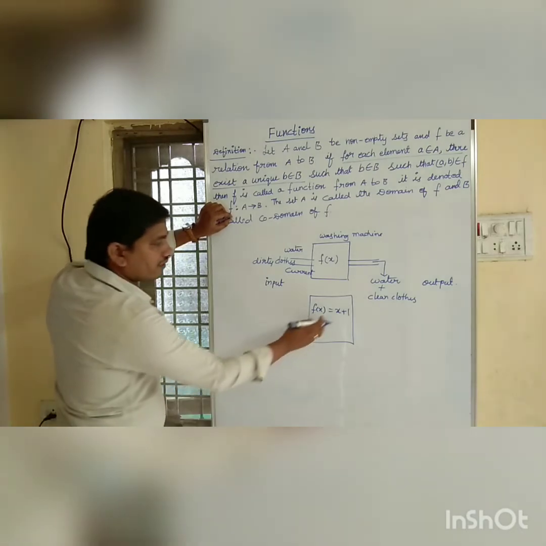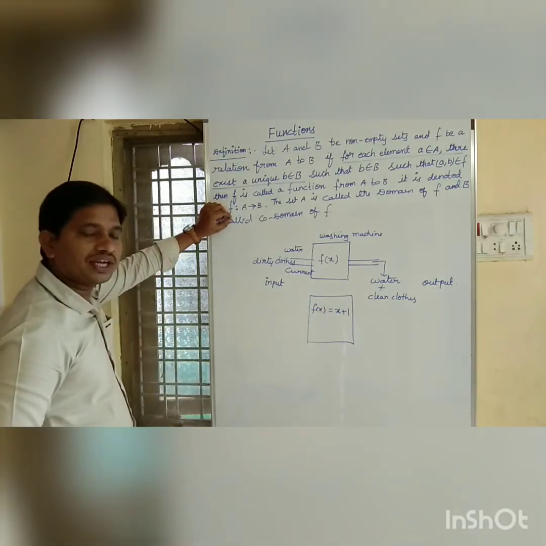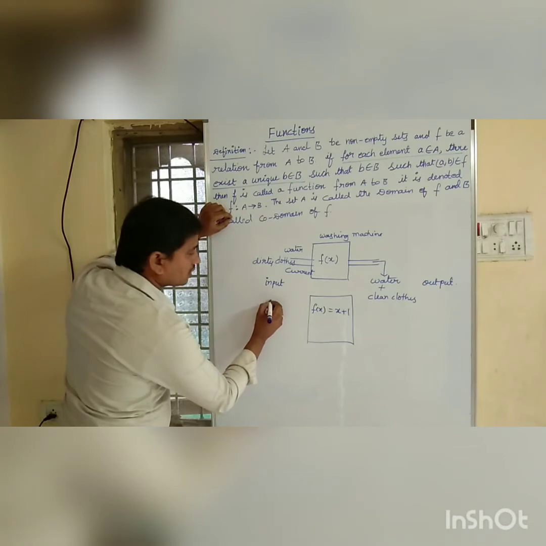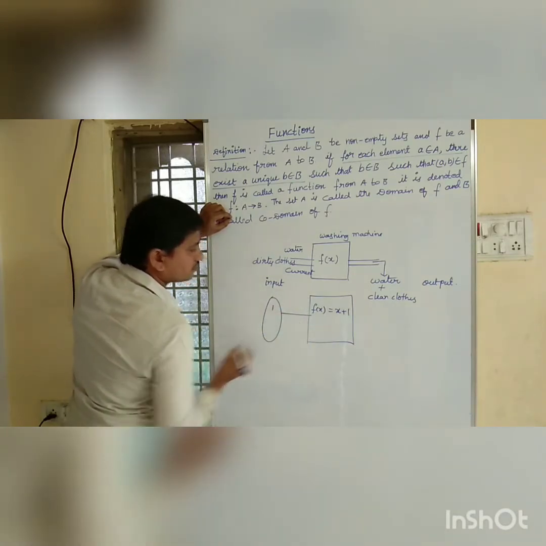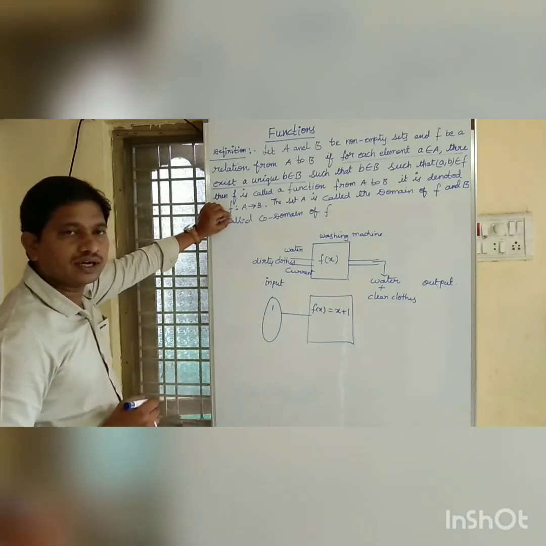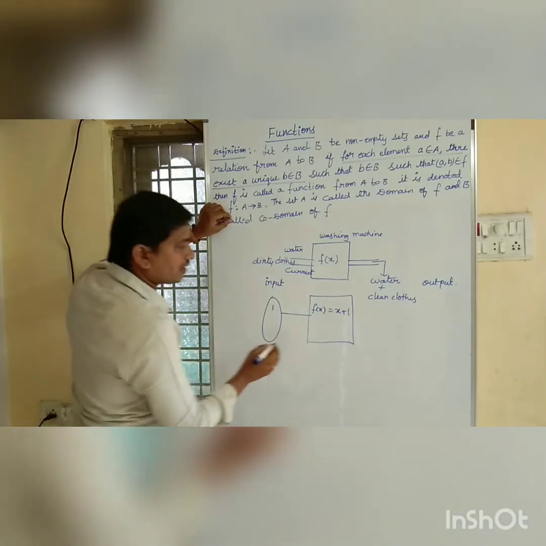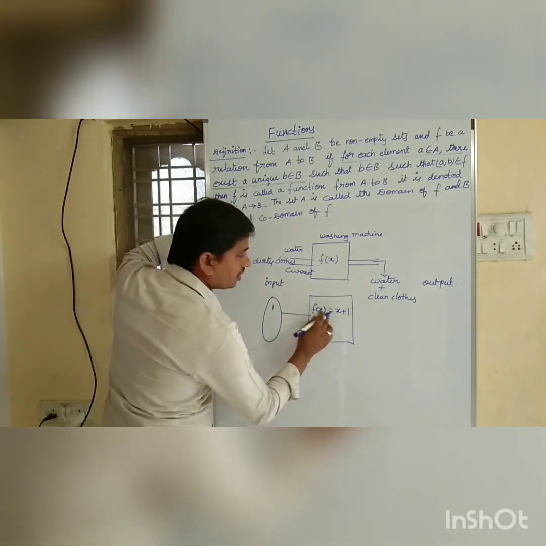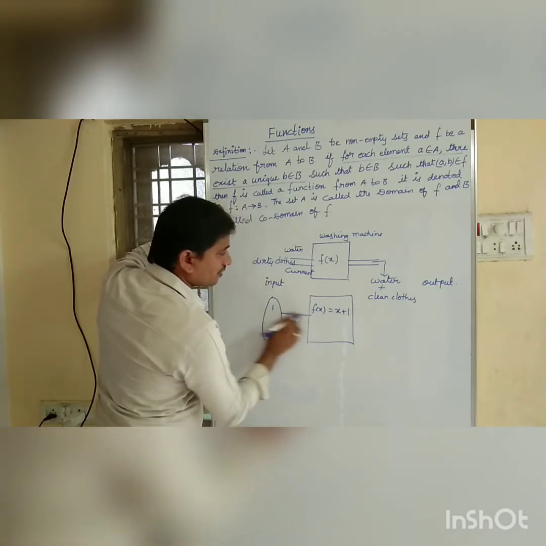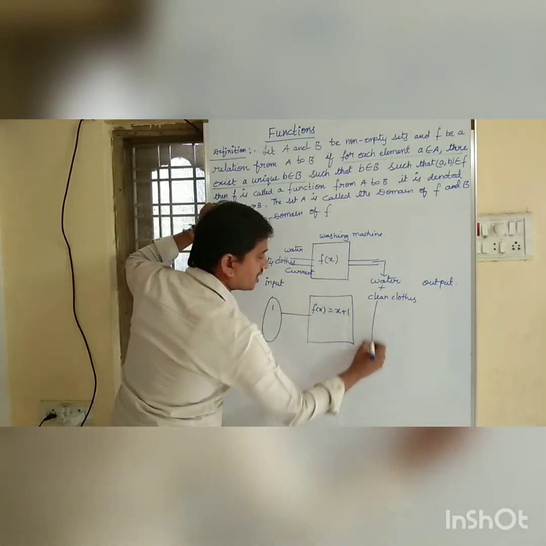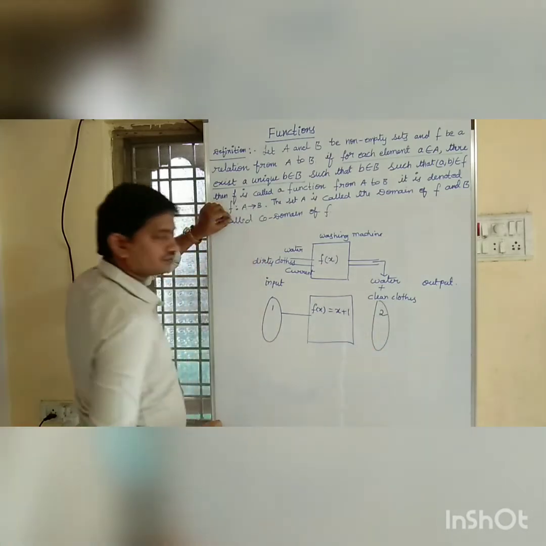Here x is called a variable and it takes different values. Suppose x is equal to 1. In place of x we substitute 1, so 1 plus 1 gives us 2.